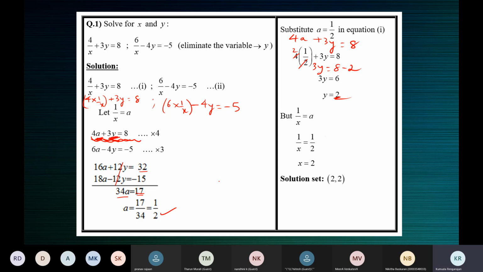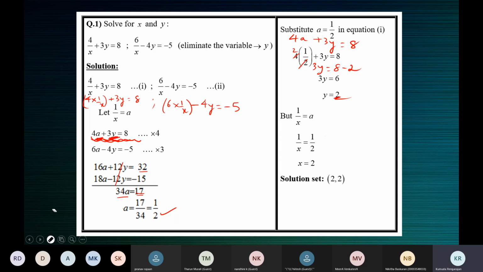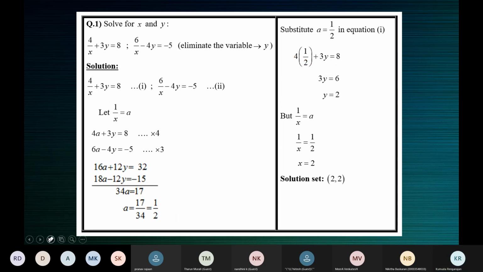And when you use the cross multiplication method, the headings will be, listen to this, children, carefully. Now, what are the equations we have? Look at these two equations.